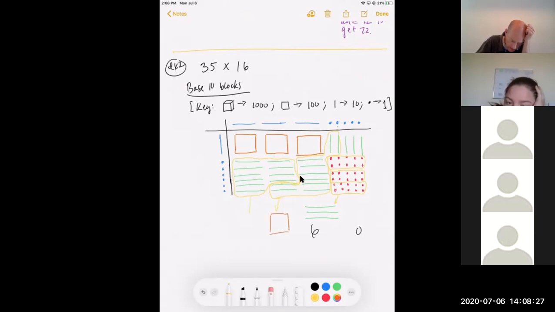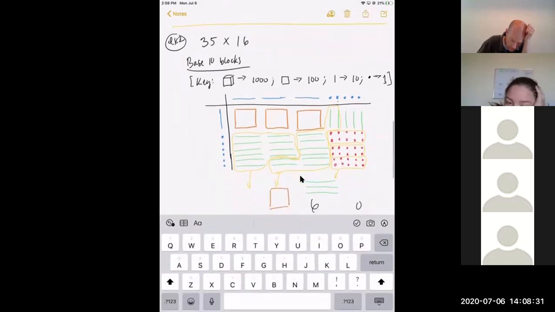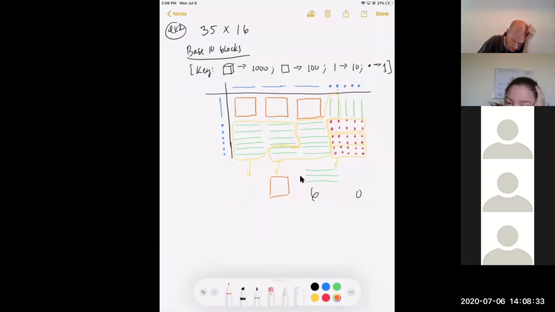And same thing with this one here. Okay, now we have 5 flats, there we go. Okay. So this is what we have, 560.